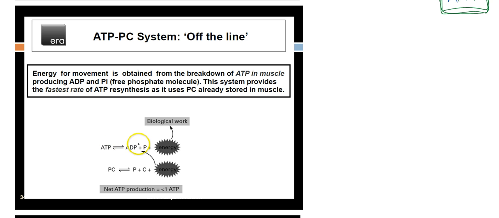So ATP is broken down into adenosine diphosphate plus our inorganic phosphate plus energy for biological work, our muscular contraction, by which the first energy system to resynthesize it, our ATP PC system, the creatine phosphate splits into phosphate plus creatine and the energy that's been released is used to resynthesize the inorganic phosphate with our adenosine diphosphate, resulting in the resynthesis of ATP.